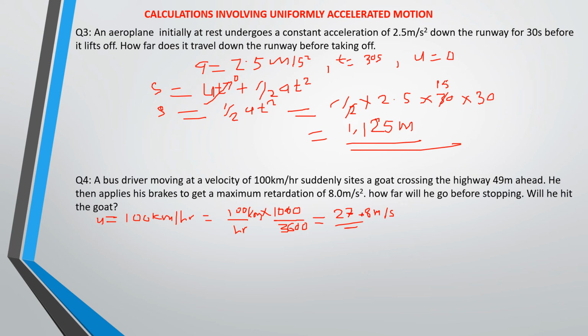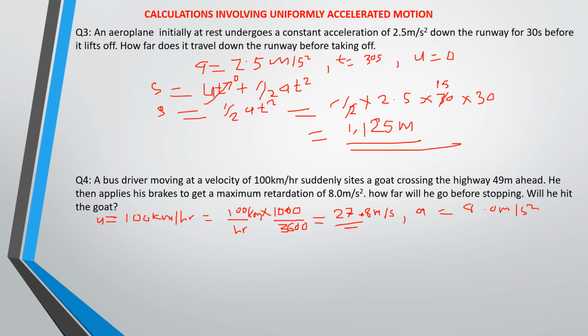This is your initial velocity, u. Now, to find the distance traveled, as I've said before, you are going to use the third equation of motion, since you are given retardation equal to 8.0 meters per second squared.